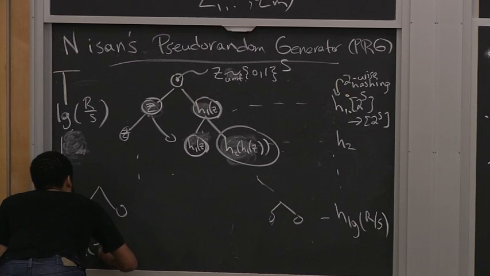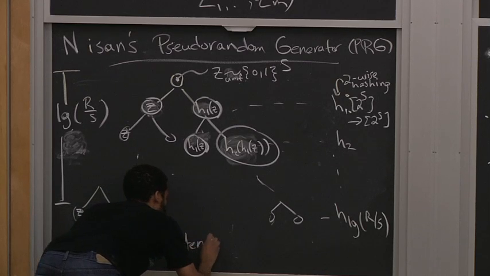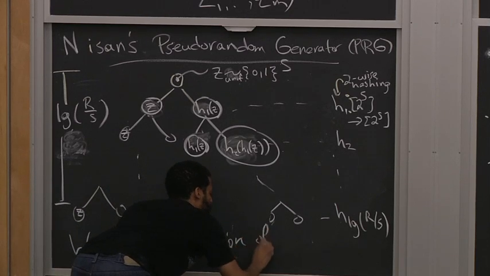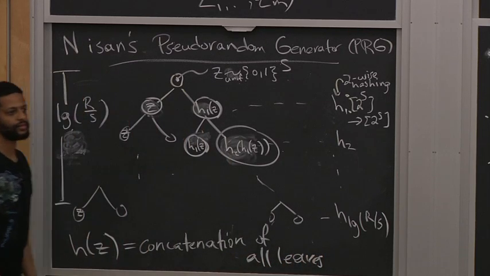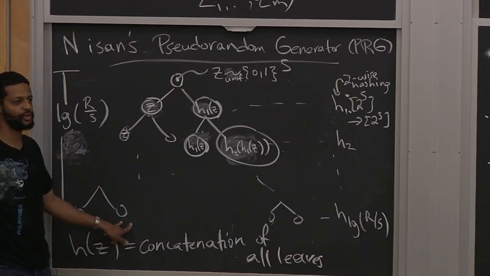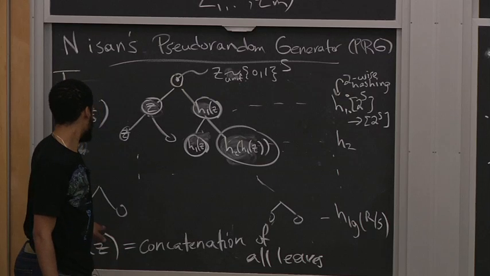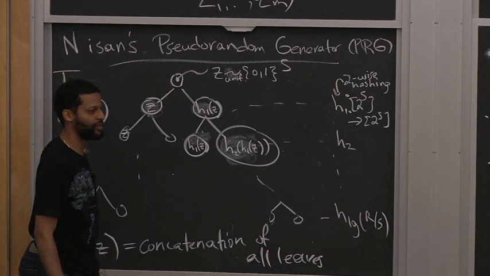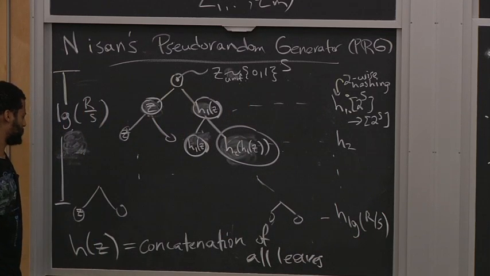H of z is the concatenation of all leaves. This is the first s-bit chunk that you feed to the branching program, this is the next s-bit chunk that you feed to the branching program, et cetera. Each one of these is of length s, and the number of leaves is r over s. Really you need log r. Maybe I should have said.